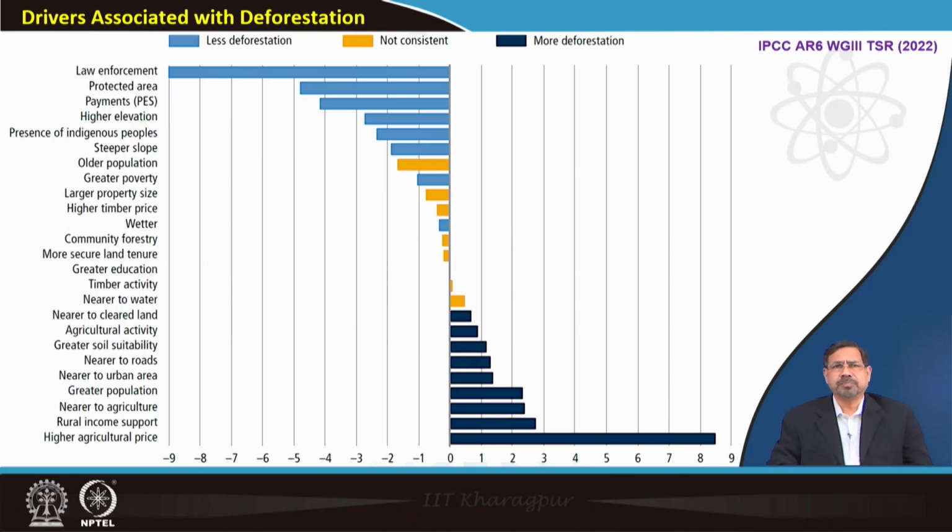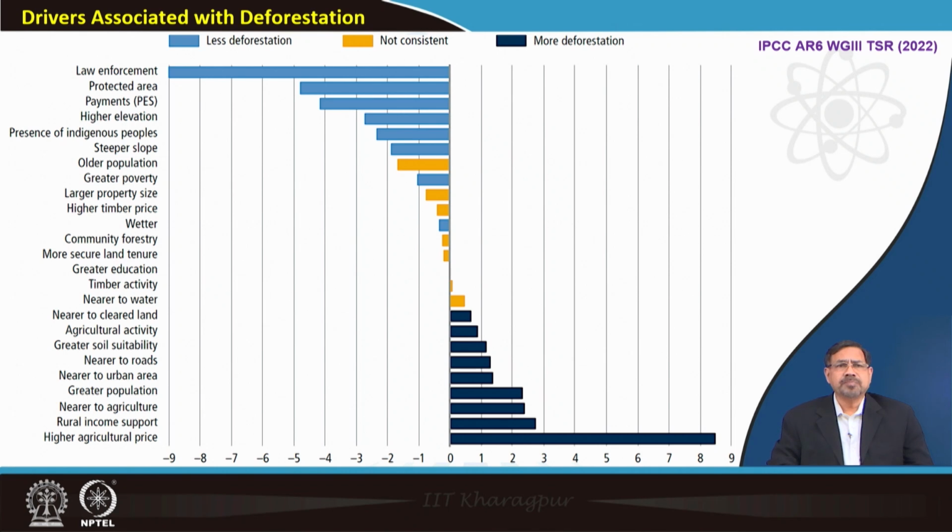Protected areas mean less deforestation, payments mean less deforestation, higher elevation and presence of indigenous people mean less deforestation, steeper slope means less deforestation. If we continue to practice this, then there will be less deforestation.